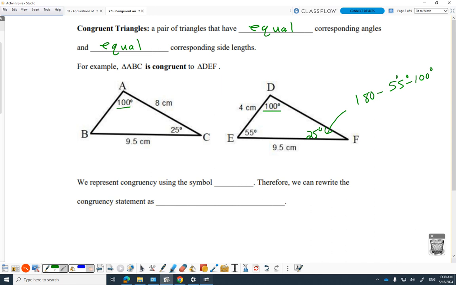And over here, the same thing. 180, subtract the 100, subtract the 25, and I get 55. Now I'm feeling a lot better about the fact that this thing's congruent because it's got all the same angles. But he's right. It said it was congruent, which means if this is 9.5 and that's 8, what's DF? It's got to be 8 as well.